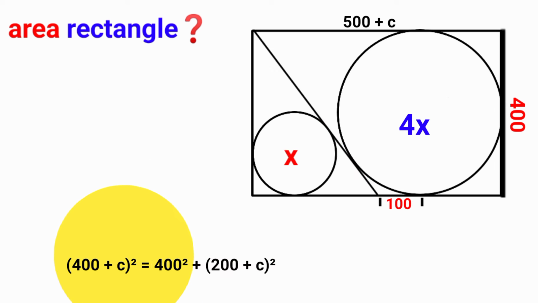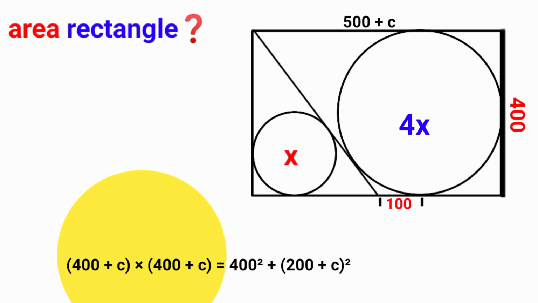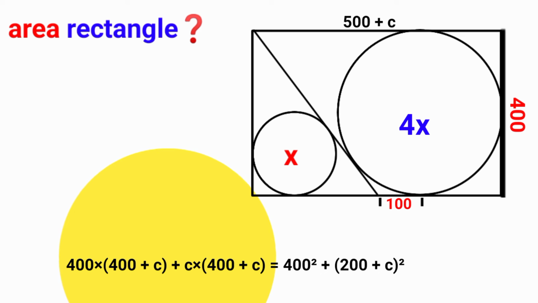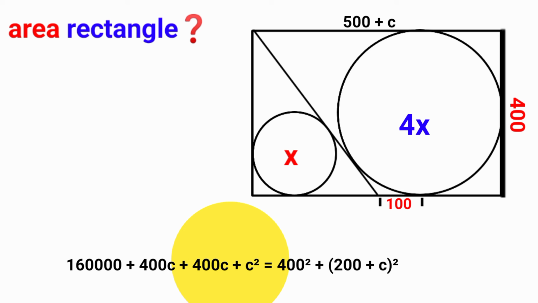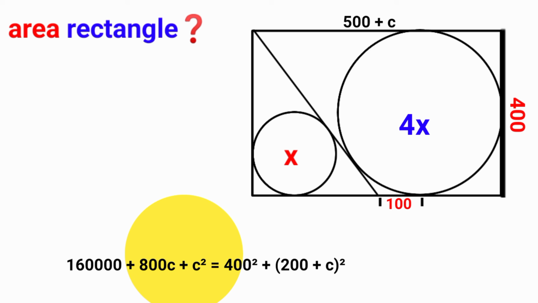(400 plus c) all squared is (400 plus c) times (400 plus c), which is 400 times (400 plus c) plus c times (400 plus c). 400 times (400 plus c) is 160,000 plus 400c, plus c times (400 plus c) is 400c plus c squared. 400c plus 400c is 800c. So it is 160,000 plus 800c plus c squared.